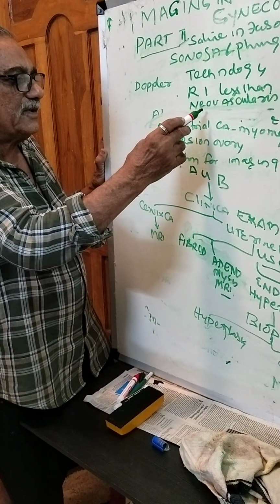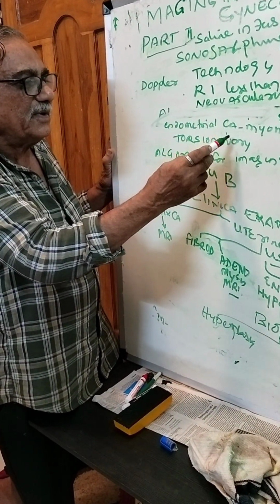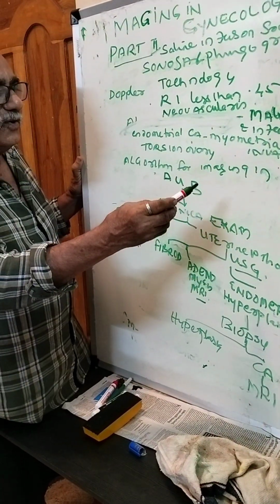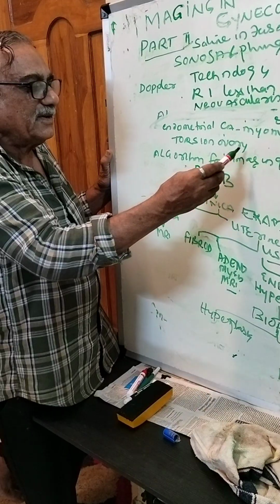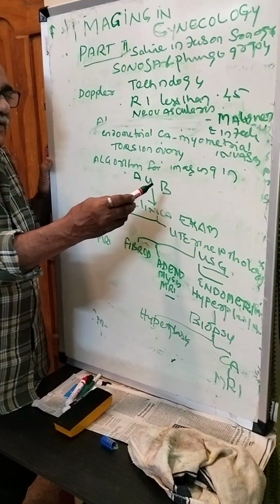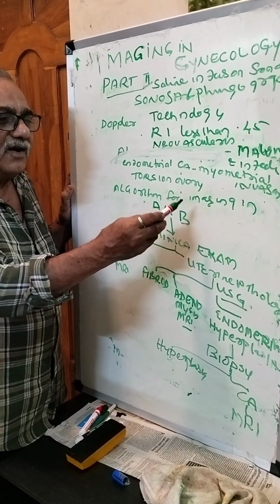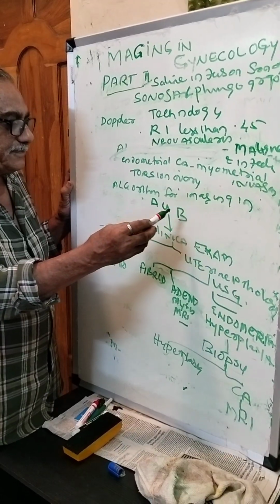The use of Doppler in endometrial carcinoma is to show whether there is myometrial invasion, and in torsion of the ovary, whether vascularity is preserved or not, so whether the ovary can be retained or whether it has to be removed in case of torsion of the ovary.